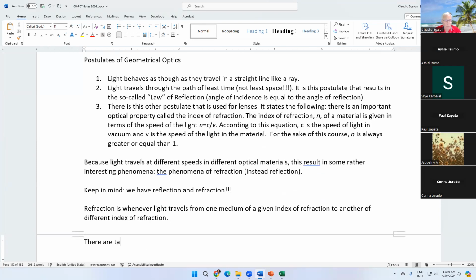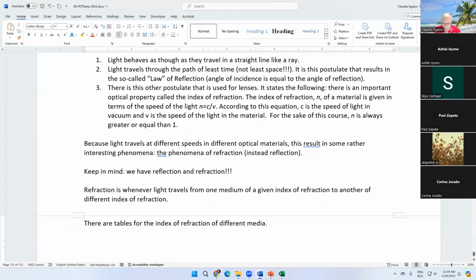There are tables for the index of refraction of different media, and it's a good idea to memorize at least the most important ones. For instance, the index of refraction of vacuum is exactly 1.